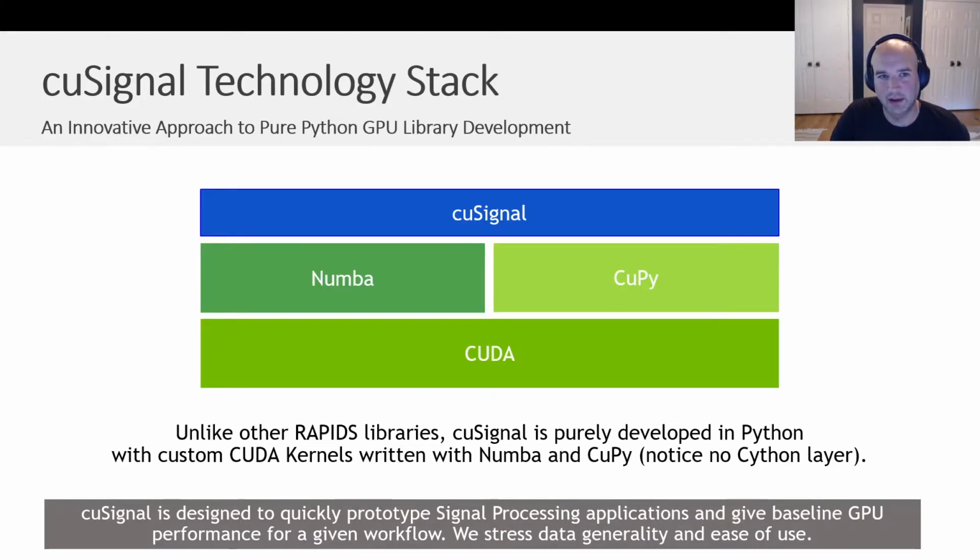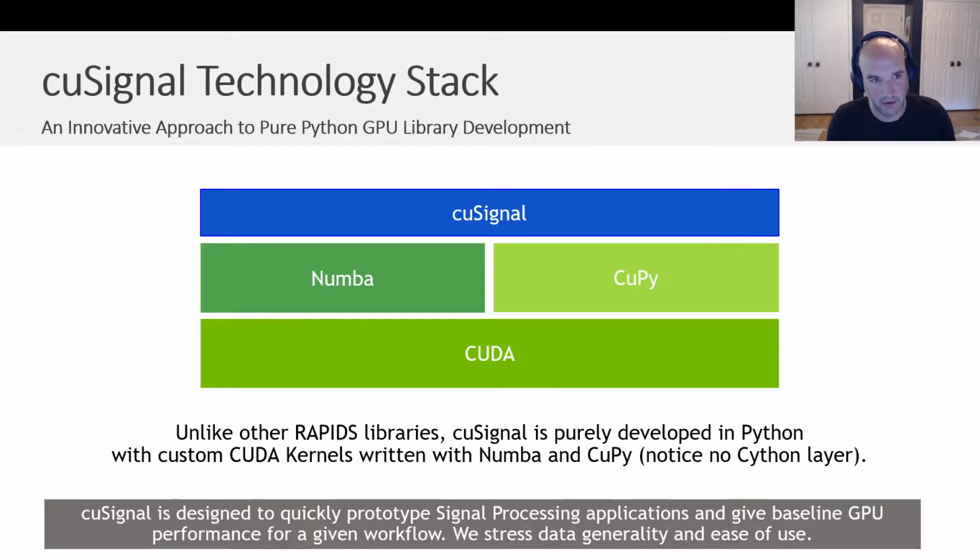One of the things I want to hit on here, and this talk is not a CuSignal talk, so we'll go really quickly through the enabling technology stack. Fundamentally, the design philosophy of CuSignal was that if we're starting from scratch to build a library that's going to be widely used in the community and have a lot of interest and support, our goal was to get out features as quickly as possible.